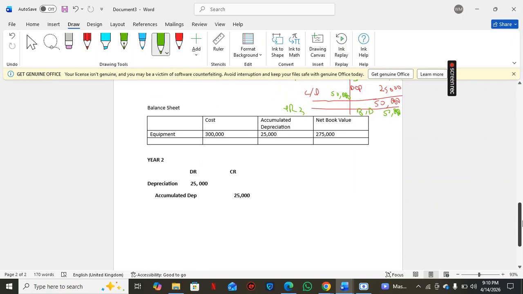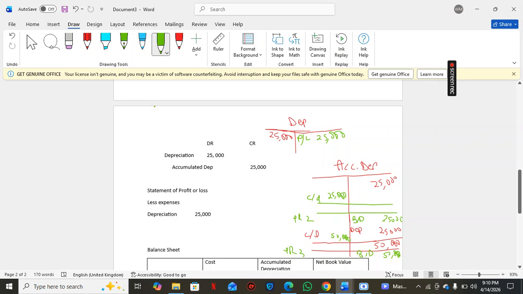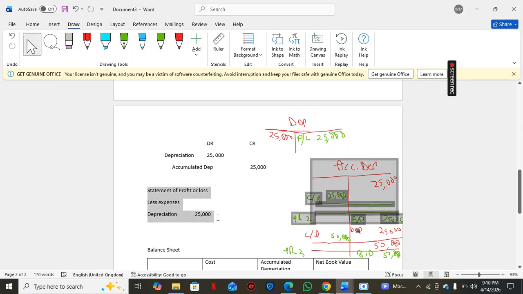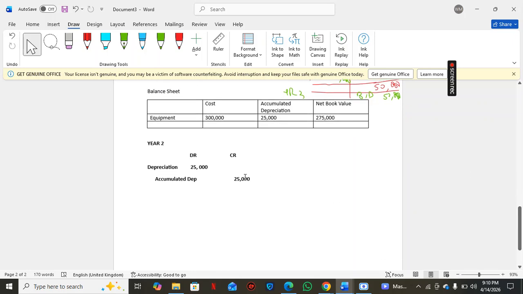For year 2, as I said, the statement of profit or loss will be the same this year. After you have added any incomes to your gross profit, then you say less expenses. Then you list depreciation, 25,000 here.